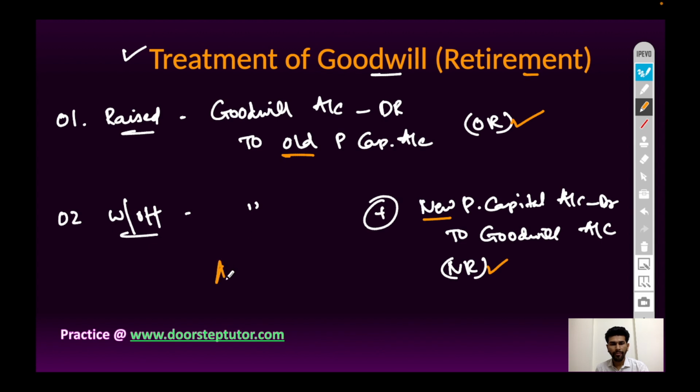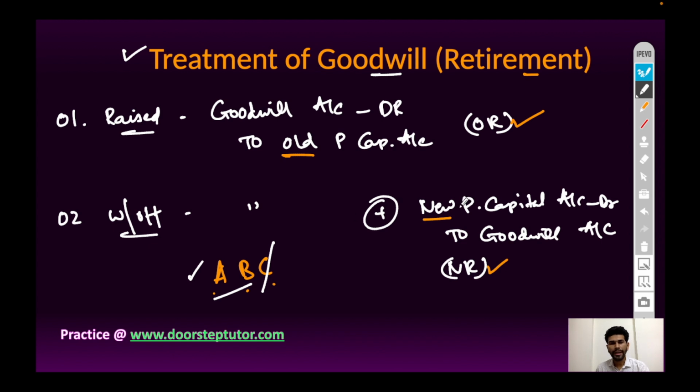For example, A, B, C, three partners are there and goodwill is raised, then goodwill account debit to old partners' capital accounts, to A, B, and C capital accounts. If Mr. C is retired from the business, then new partners will be Mr. A and B. After reconstitution, the new partners will be A and B. Remaining partners are new partners.